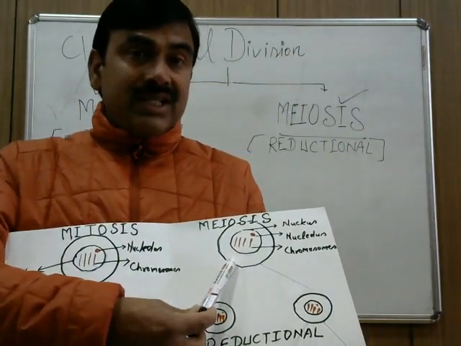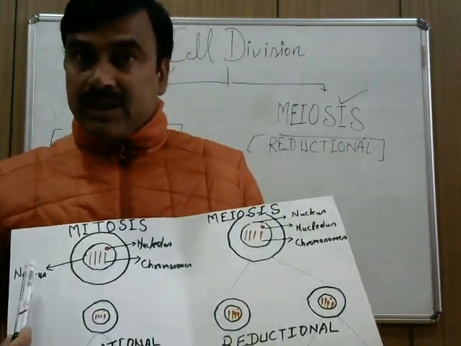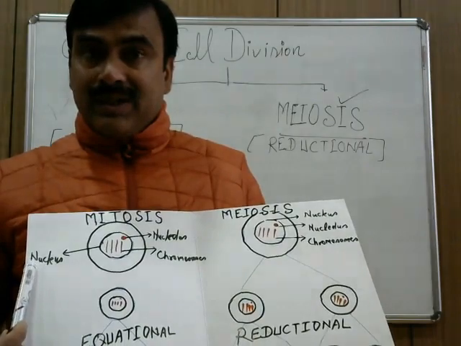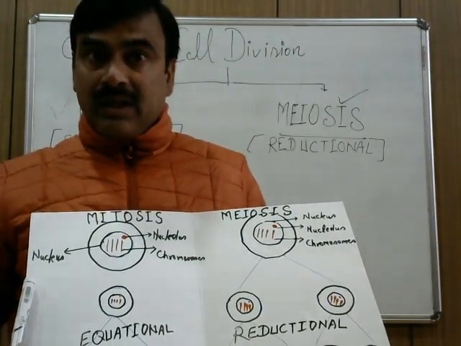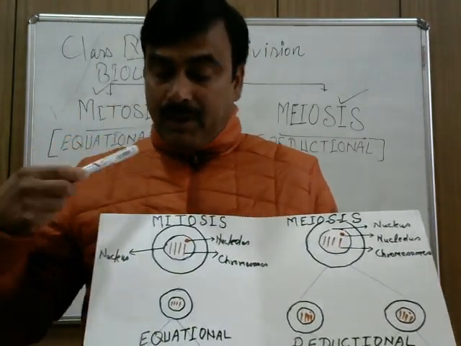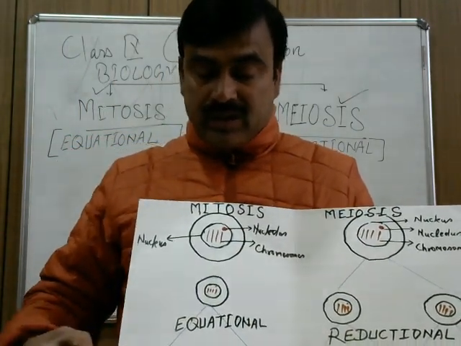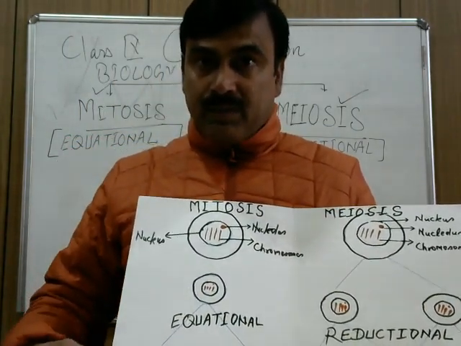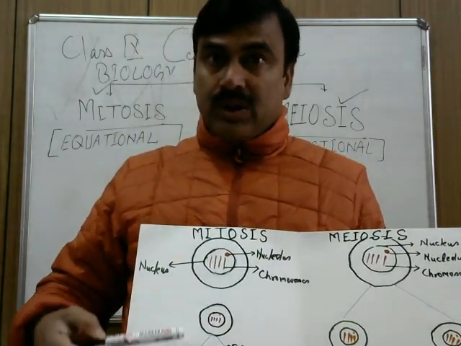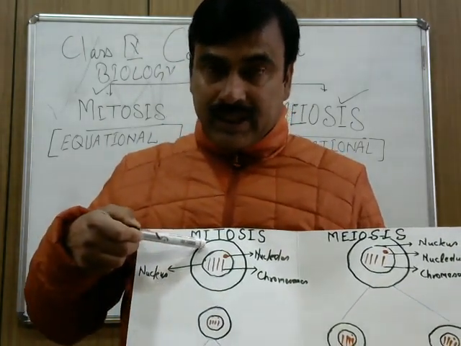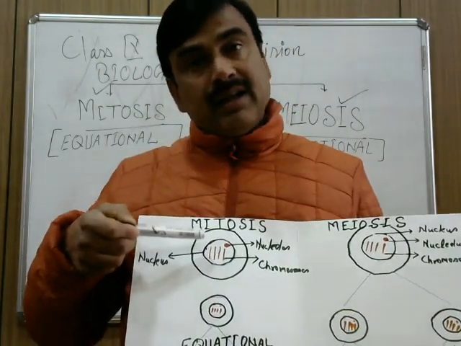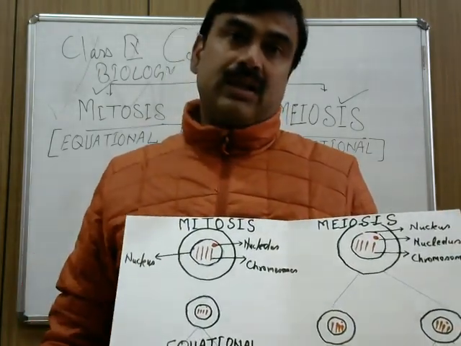The exchange of genes takes place here. No exchange of genes takes place in mitotic cell division, in mitosis. And the number of daughter cells is 2. The number of chromosomes is also equal to the parent cell. That is why it is called equational.